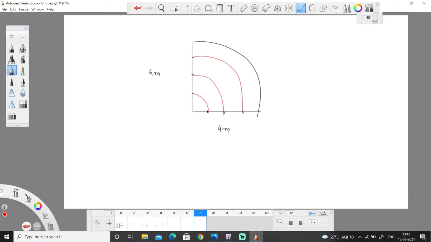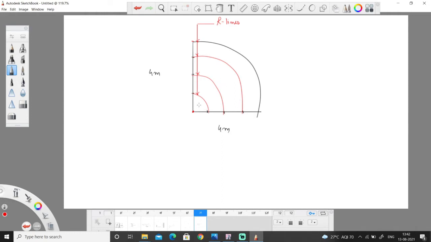So how many curves are there? 1, 2, 3, 4, and this fifth one. Whatever we have drawn here, these are called R lines, along the radial direction.